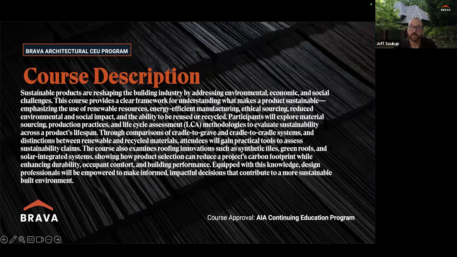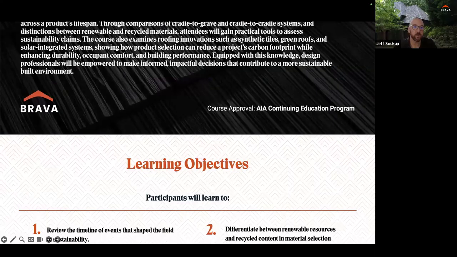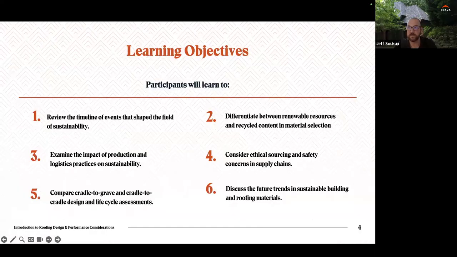We'll take a look at a lot of different topics, but going through our learning objectives, we're going to look at some of the timeline of events that shaped the field of sustainability. So how did we get to where we are today? We'll look at some materials, including renewable resources, recycled content, and embodied carbon, and understand production and manufacturing processes.